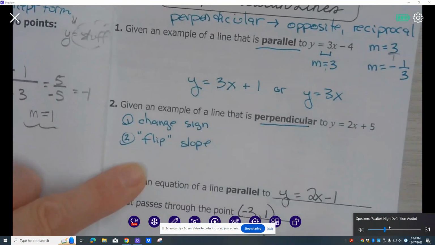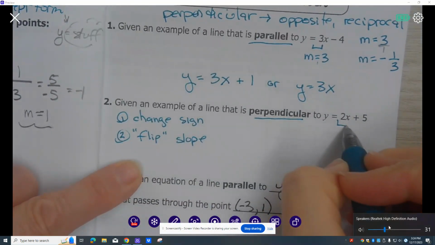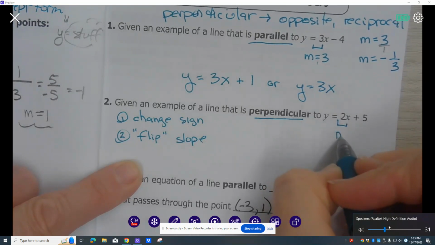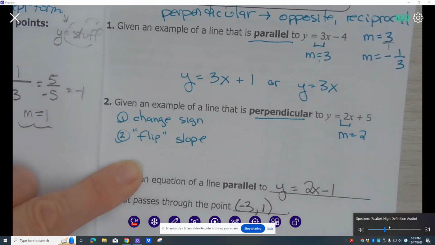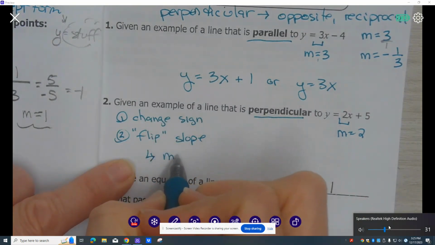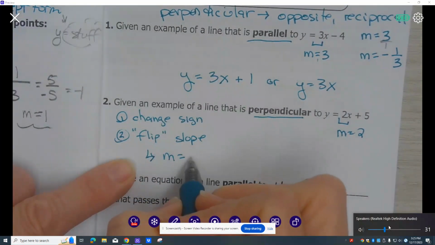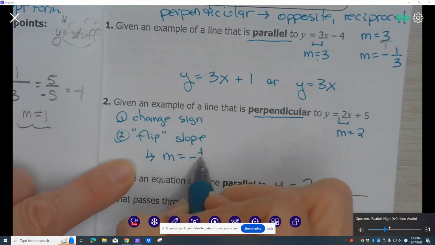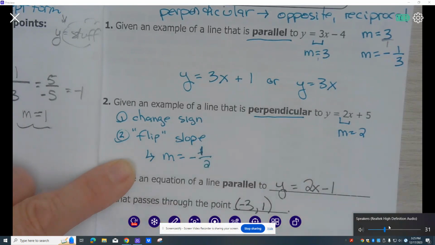Okay, so this is in slope-intercept form, y equals mx plus b, y all by itself. The slope of this line is 2. So the slope of my new line, change the sign, so positive 2 becomes negative, and 2 becomes 1/2. That's the flipping.